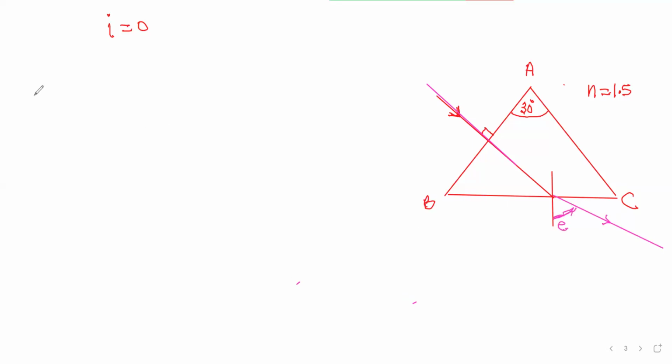If we trace the emergent ray backwards, we have the deviation at the boundary. So we'll have this as the angle of deviation.